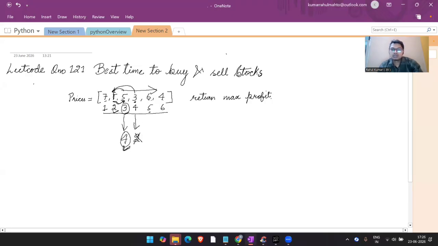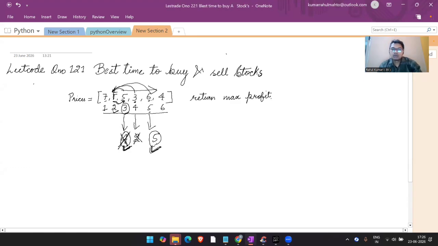In the fifth day the price becomes 6. Now check how much profit I can get. 6 minus 1, that is 5. Oh, that's great. This one is greater than the previous maximum profit, so I will now consider this one as the maximum profit.